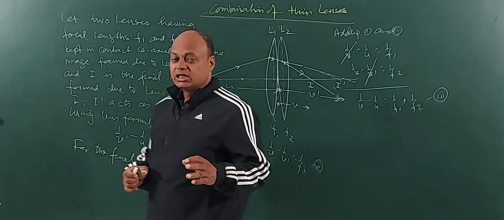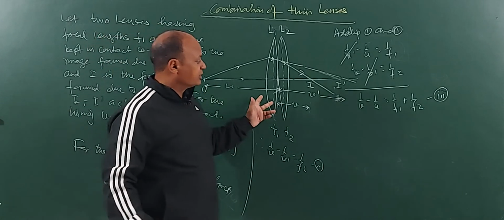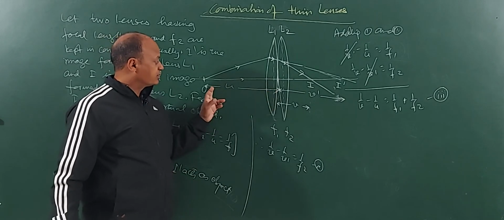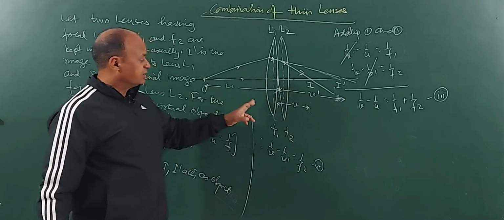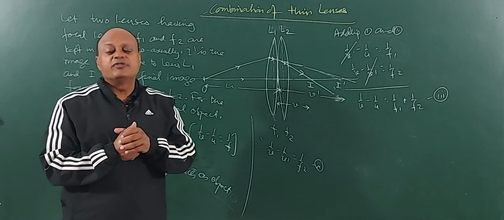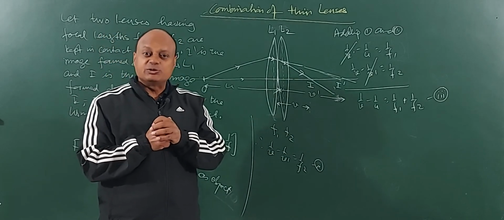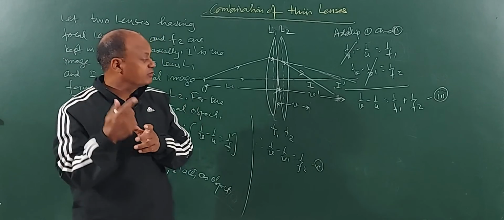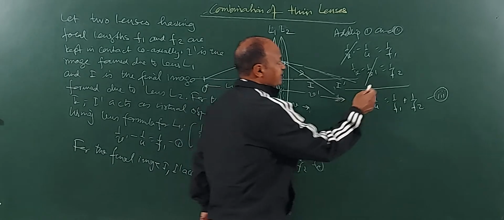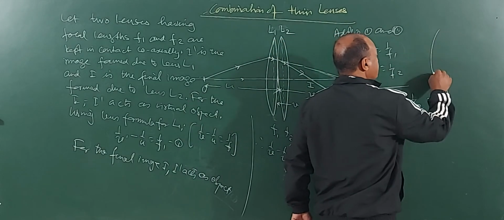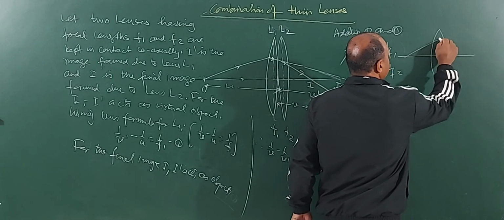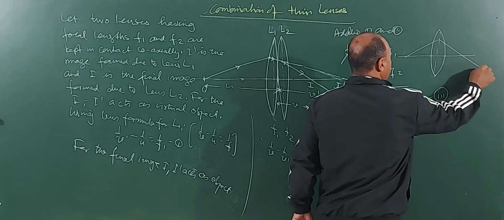So children, if you look at the overall combination, the object distance is u, and the image distance is v. If I ask you what is the equivalent lens situation, I can consider a single lens here. O is the object and I is the final image.